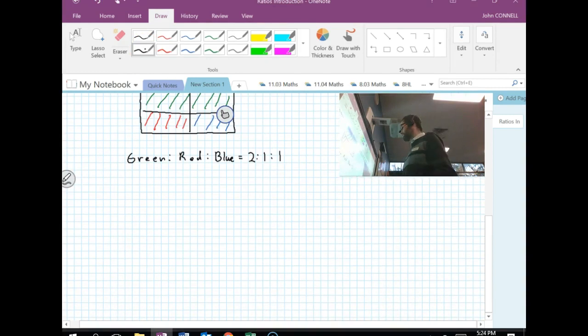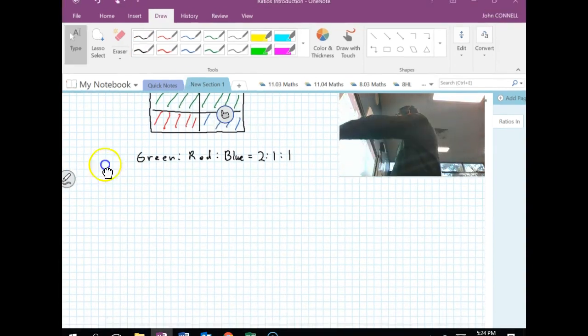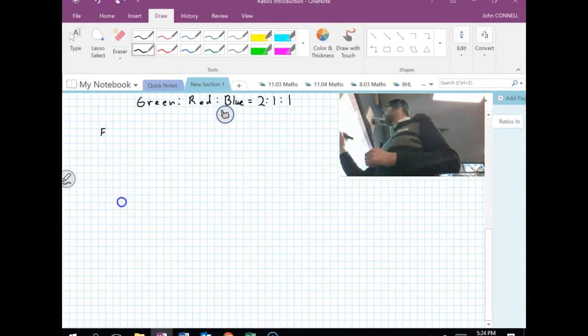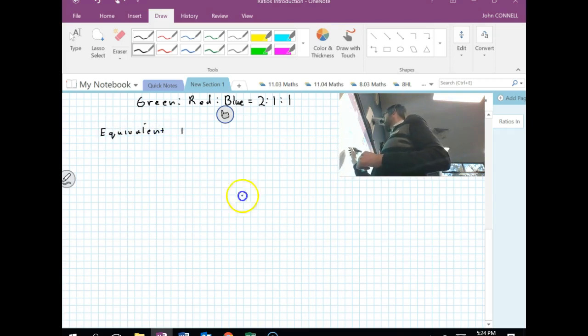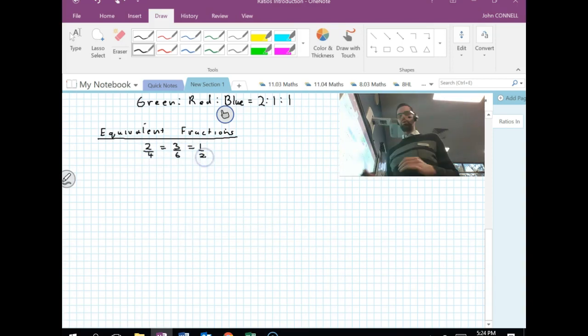Now, when we dealt with fractions, we saw that there was such a thing called equivalent fractions. So equivalent fractions are something like 2 on 4, or 3 on 6, or 1 on 2, which are all describing the same fraction.